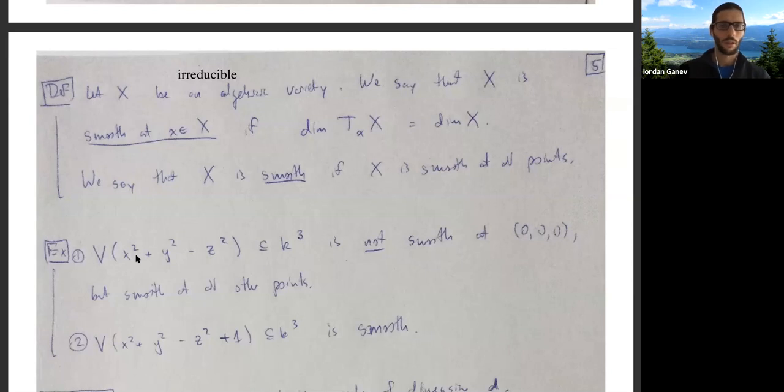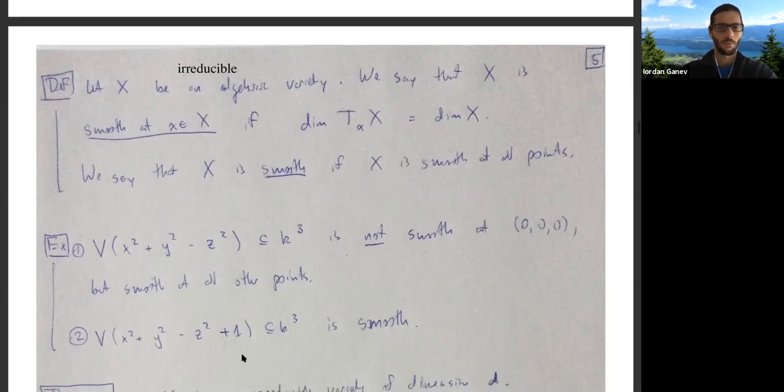I didn't justify this, but now equipped with this definition, you can show that it's indeed not smooth at that point, but it's smooth at all the other points. And we had a somewhat related variety where the polynomial we considered had an extra non-zero constant, might as well say it's 1. And this variety is smooth at all the points.